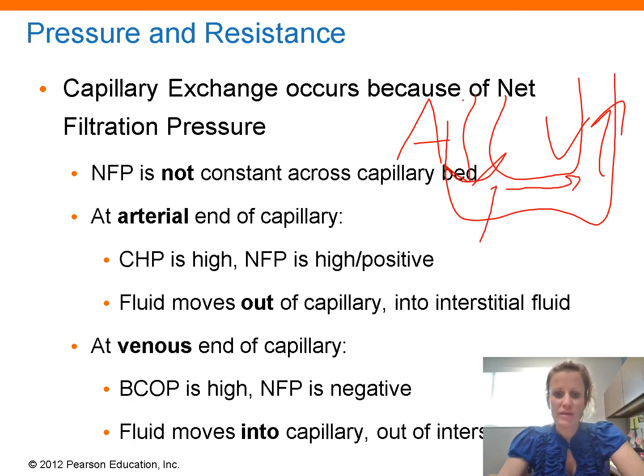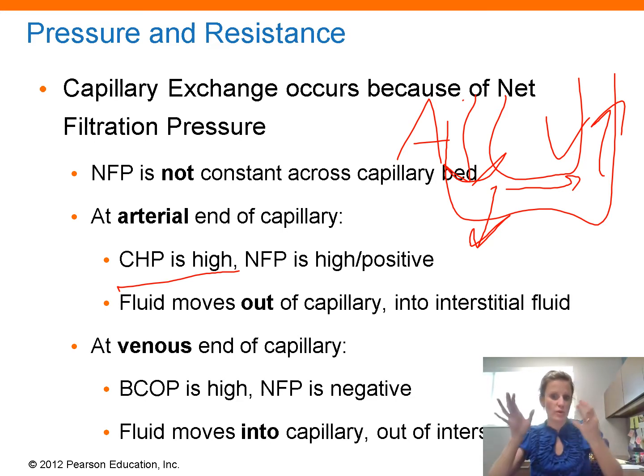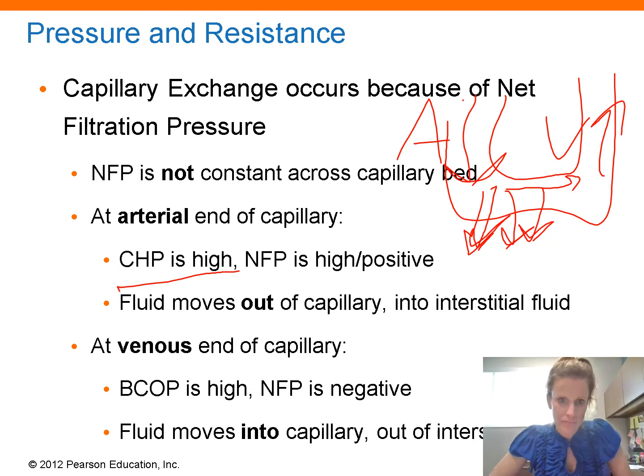In the beginning of the capillary, net filtration pressure is positive. It's really high. That's because hydrostatic pressure pushing out is greater than osmotic pressure pulling back in. So overall, we're filtering, or pushing out of the capillary bed.